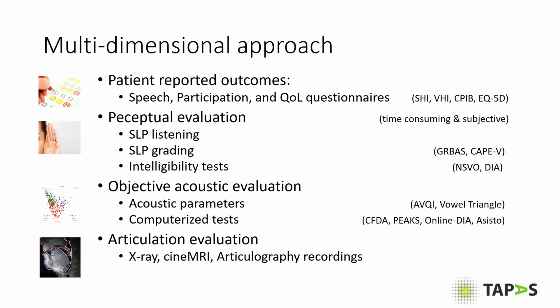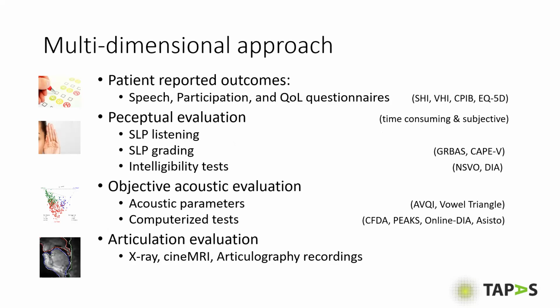So what is the approach in assessing the speech and assessing the patient? That's what TAPAS is about. Gwen already told you the first two, patient-reported outcomes and perceptual evaluation. That's the standard practice, and there are tools for that, mainly pen and paper.